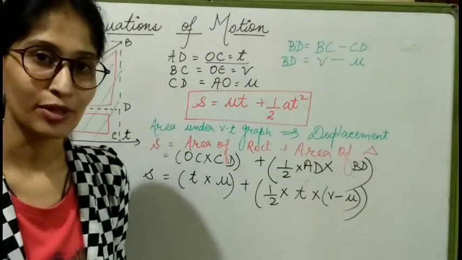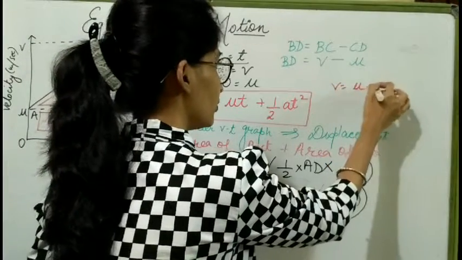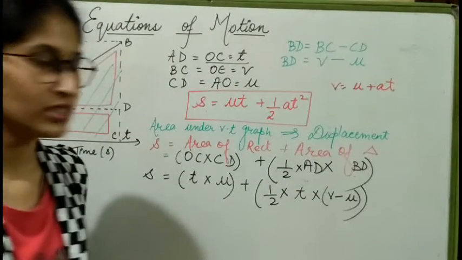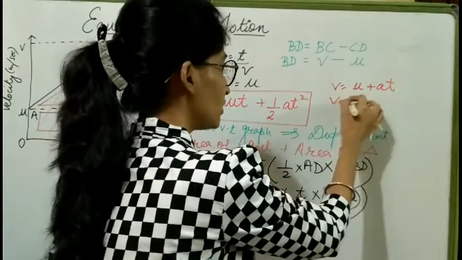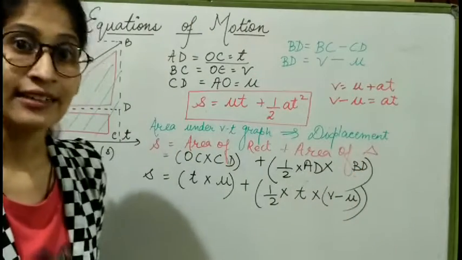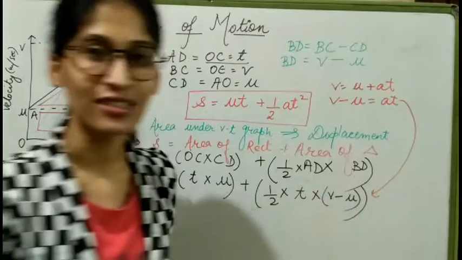Now in the first equation of motion, we have derived V equals U plus AT. From this I can write V minus U equals AT. Now put this value of V minus U here.